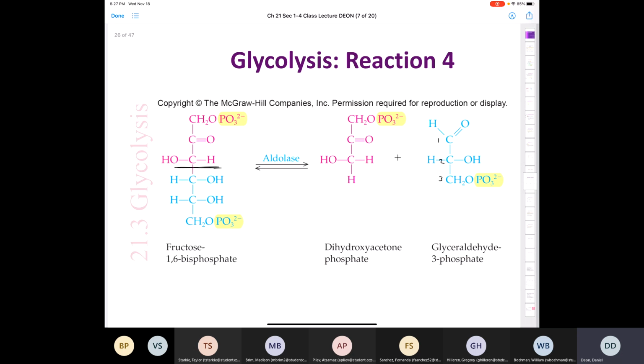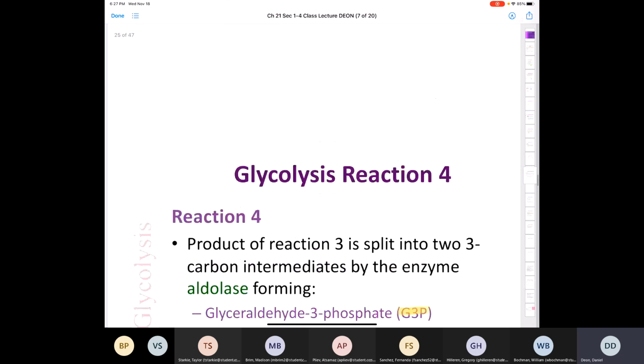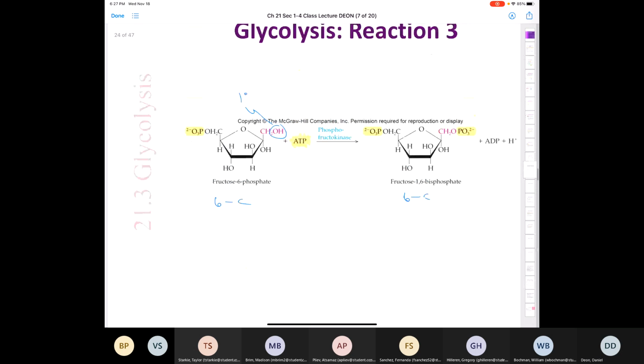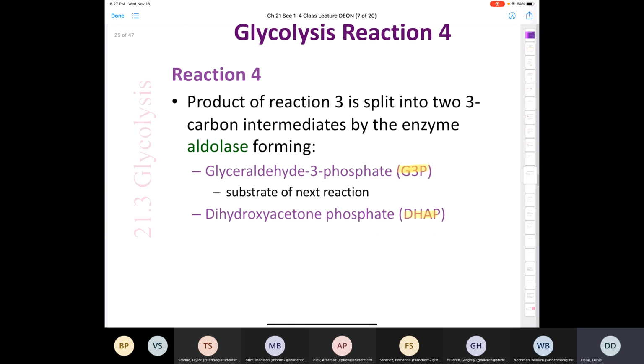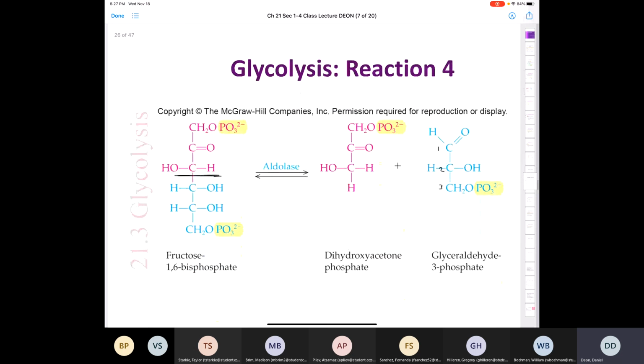Okay, if you look at the Haworth projection, I mean, you can kind of see how if you draw a line down here, you still have 1, 2, 3 carbons here, and here you have 1, 2, 3. But I wouldn't say it's as abundantly clear as to what's going on. So that's why I think they draw it as a Fischer projection.